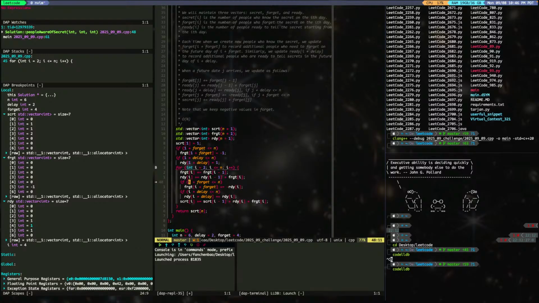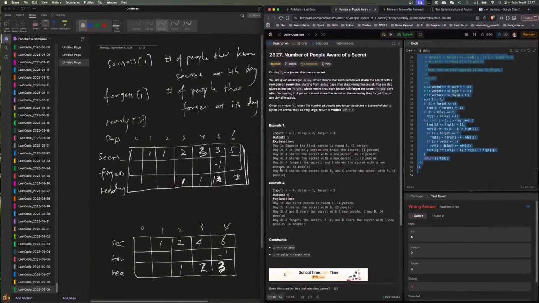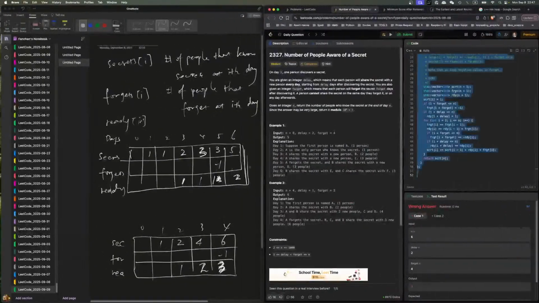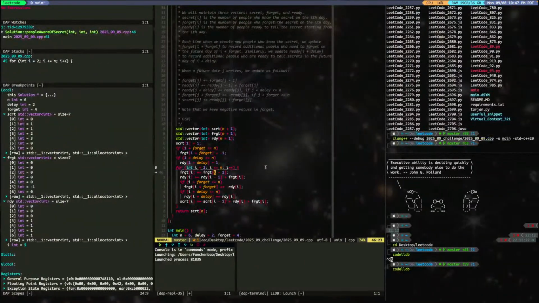Forget will be nothing. Ready, now I have 1, and we have 4, so 6 should be 1, yes. And now it should be 3, right? It should be 3. Good. Next, I is 5, so 5 I do have, so that's still -1.